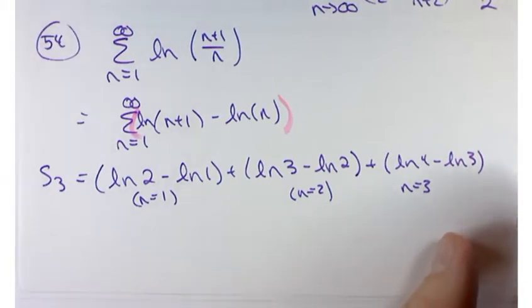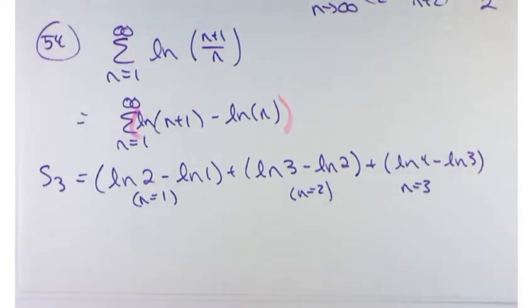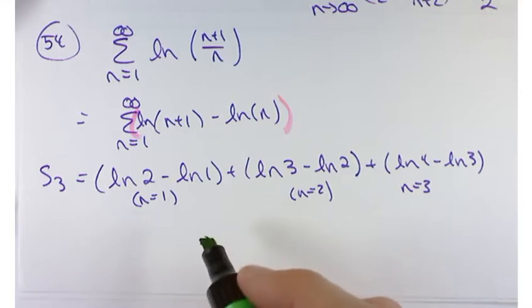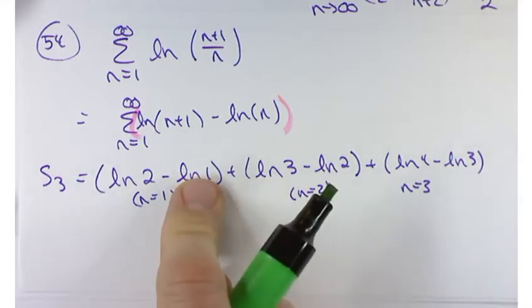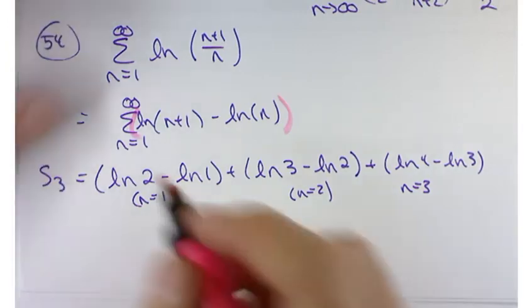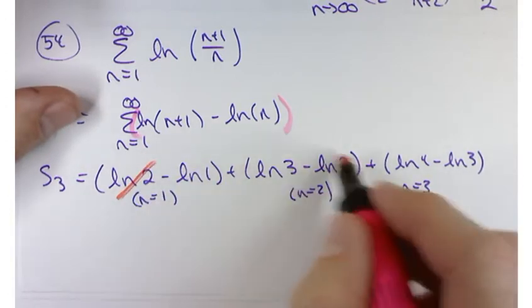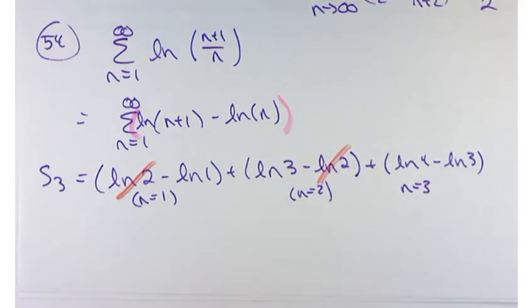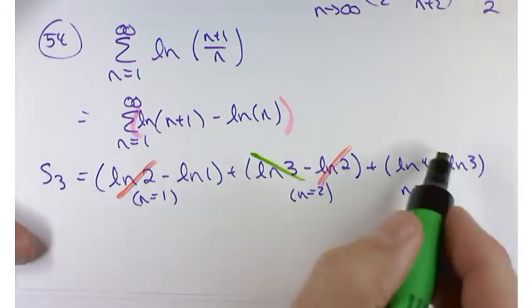S sub 3 is the sum of the first 3 terms. So ln of 1 is 0, don't have to worry about that. But let's see what cancels. There's an ln of 2 and a minus ln of 2. They cancel. Ln of 3 and minus ln of 3.